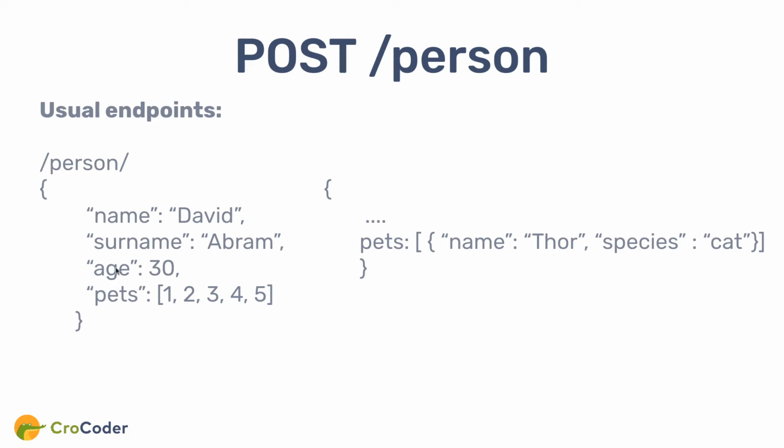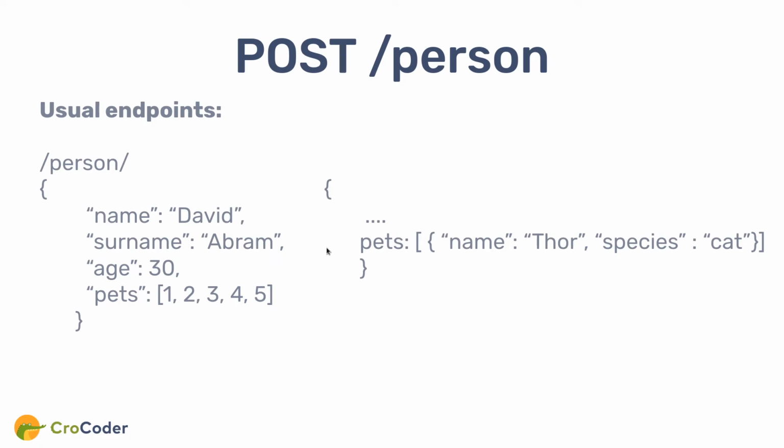So we can have two ways of creating persons now with pet IDs. We can say an array of pet IDs, and David Abram, the new object that we create in our data collection, will have 5 different pets that are already created. So it will get the pet with ID 1, ID 2, ID 3, ID 4, and ID 5, and add it to the person here.